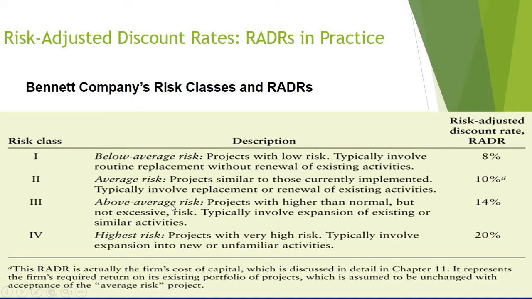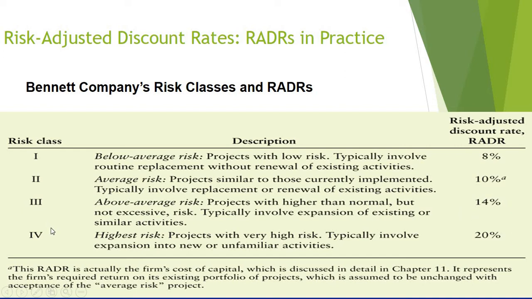Then risk class 3, above average risk. These are projects with higher than normal but not excessive risks. Typically, these projects involve expansion of existing or similar activities. For this sort of project, that means above average risk, the risk adjusted discount rate is 14%.